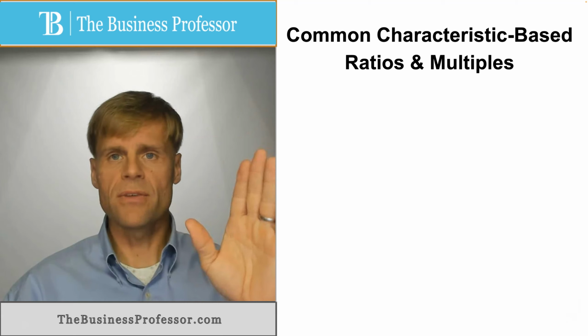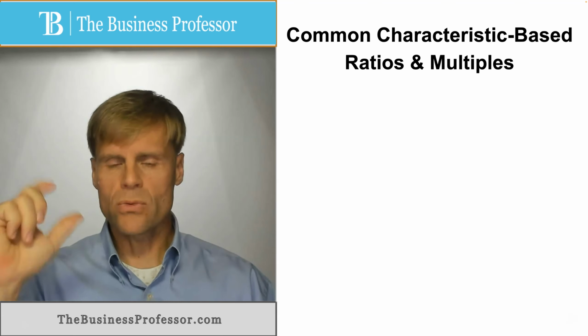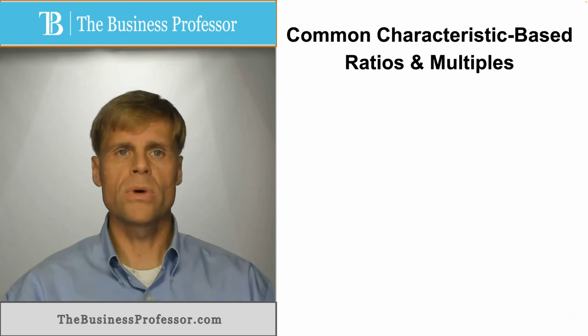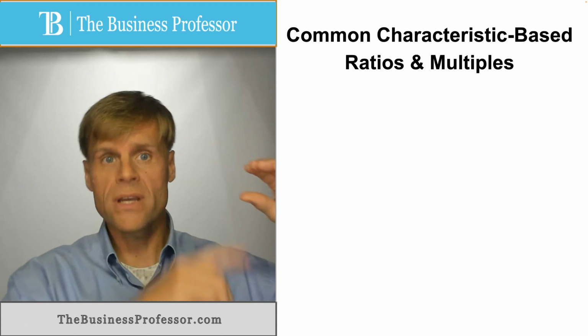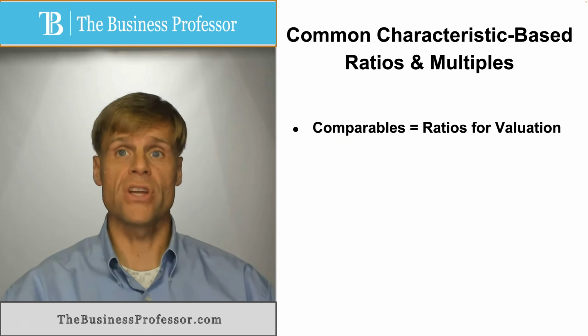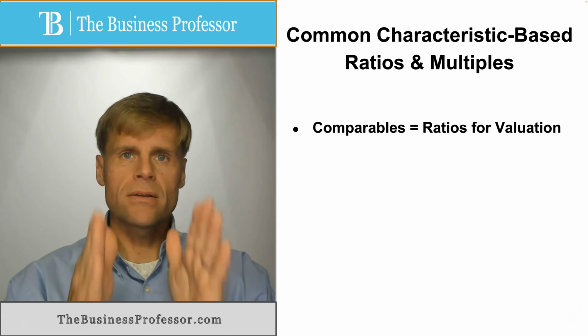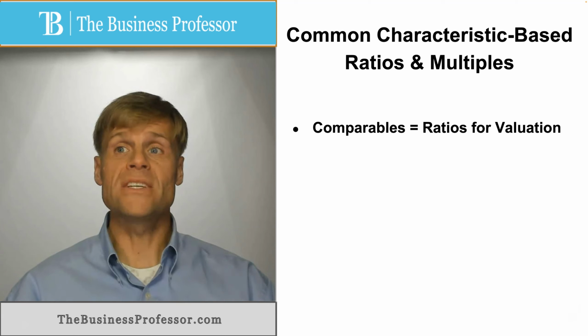So the presence of the metric compared to the total valuation of the company is a ratio that can be used to take another company, identify the presence of that metric, and thus extrapolate the value of the company from that ratio.